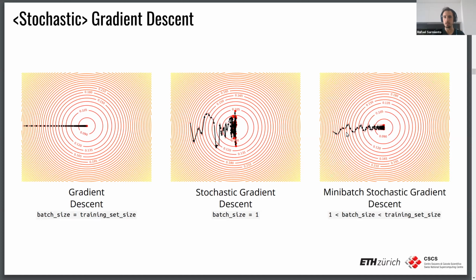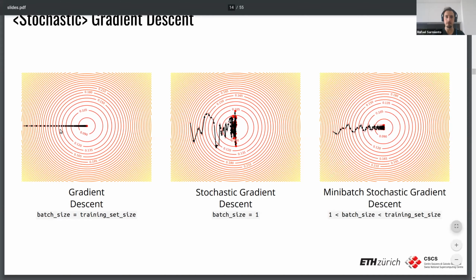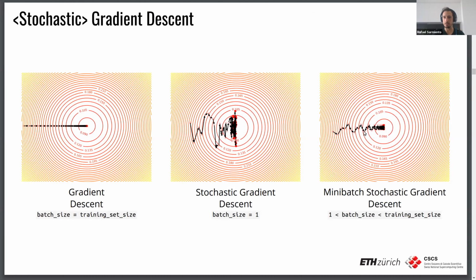And this one gives us a path that is not as flat and continuous as this one, and not so chaotic. It's something in between, depending on the size of the mini batch that you use. Okay, so this is pretty much what happens in the gradient descent and the stochastic gradient descent algorithm in its basic form.